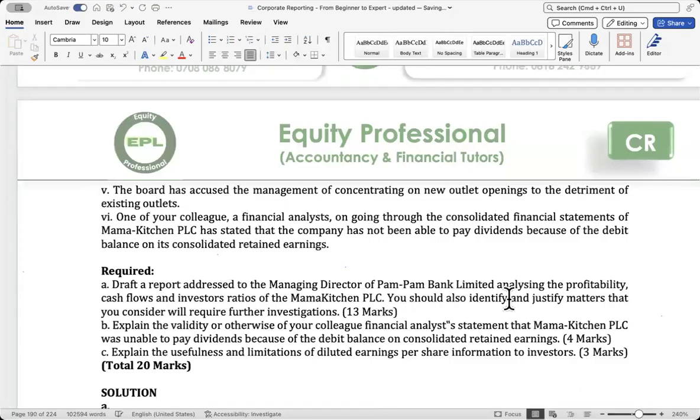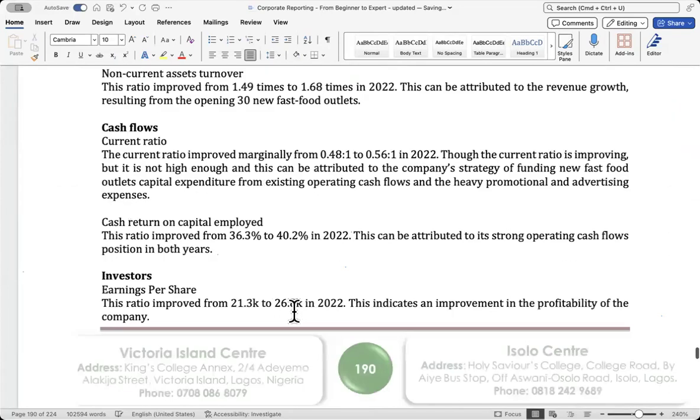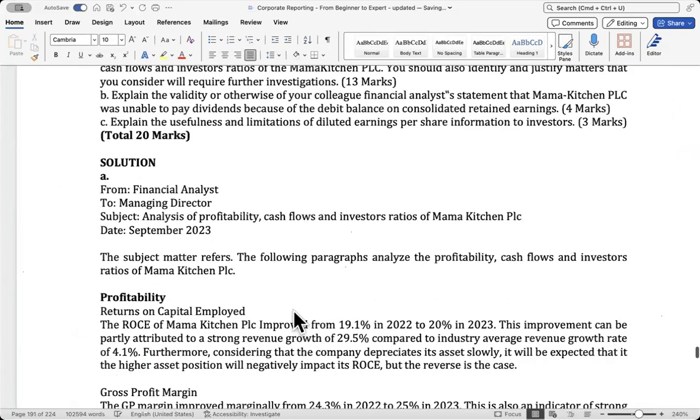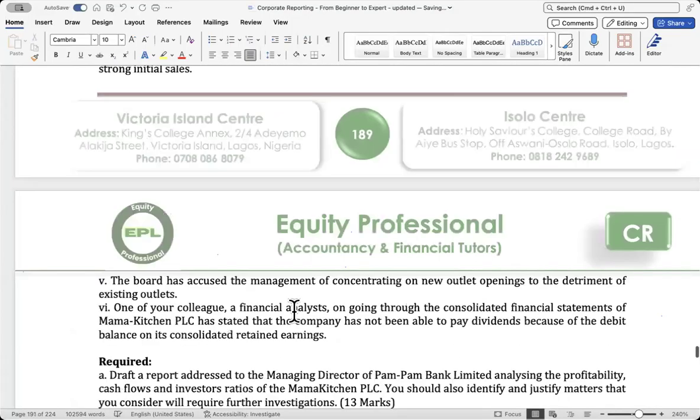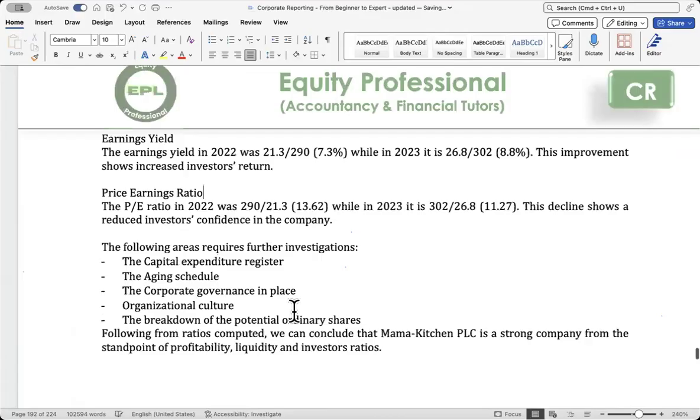They also said you should identify and justify matters that you consider require further investigation. I just interpreted that as some qualitative factors and some other breakdown of their assets, receivables, and all of that, for me to understand their situation better.